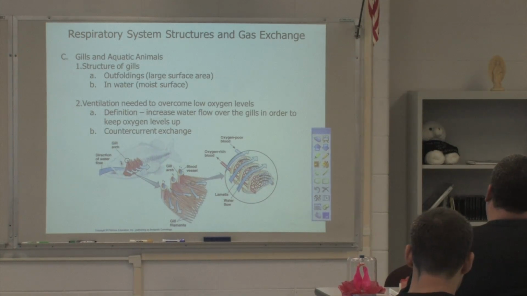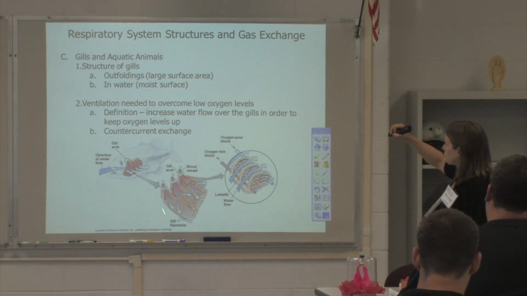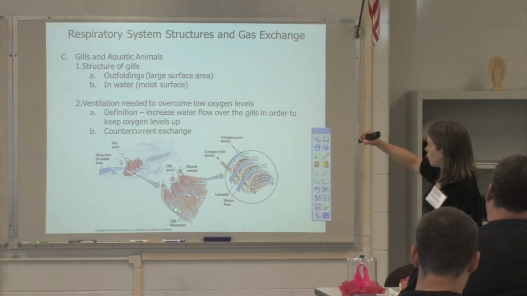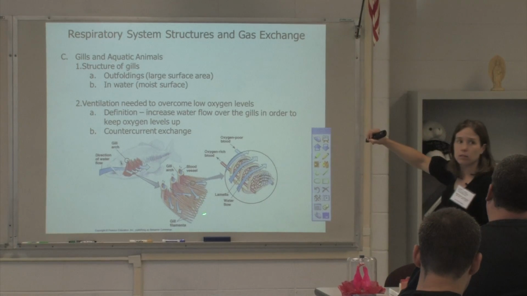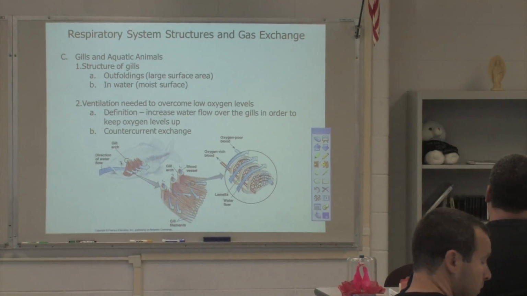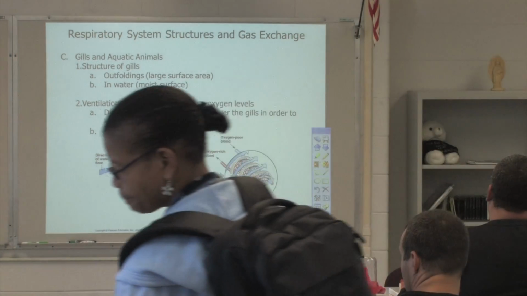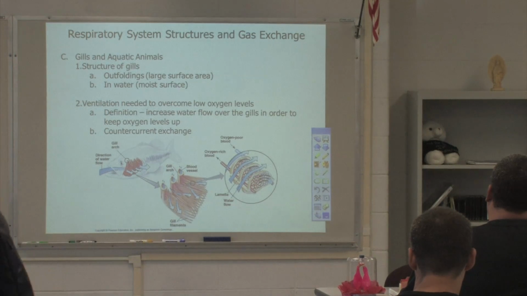So the gills are the respiratory surface. These are outfoldings. And you can see here that there are these little gill filaments. These little gill filaments create a large surface area.